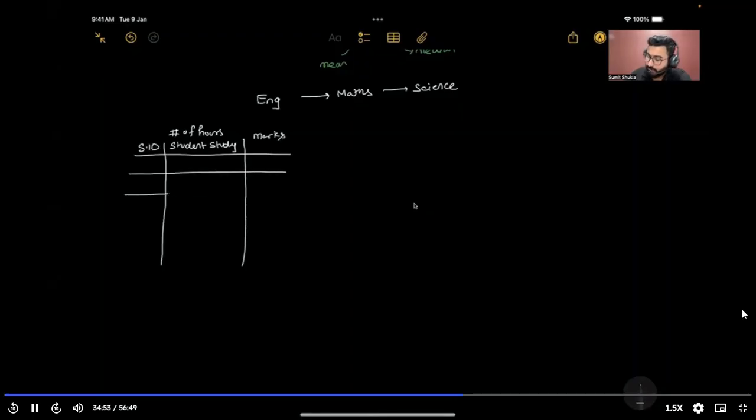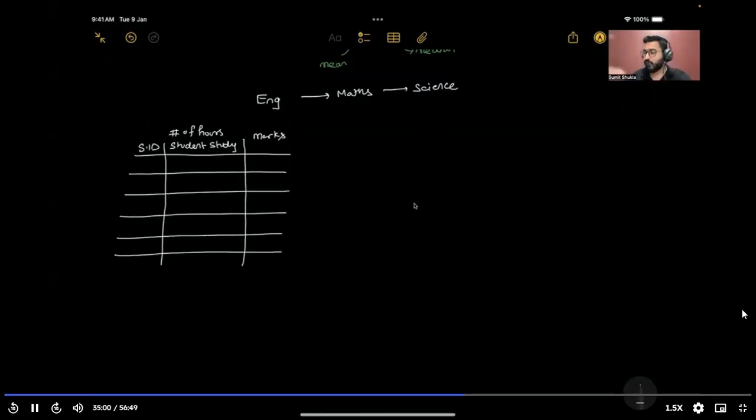And let's say I have this data for the entire school. Now what I want to do is understand what is the relationship between the number of hours a student studies and the marks a student has scored. Is there any relationship? Is there any impact? That's what we want to understand.